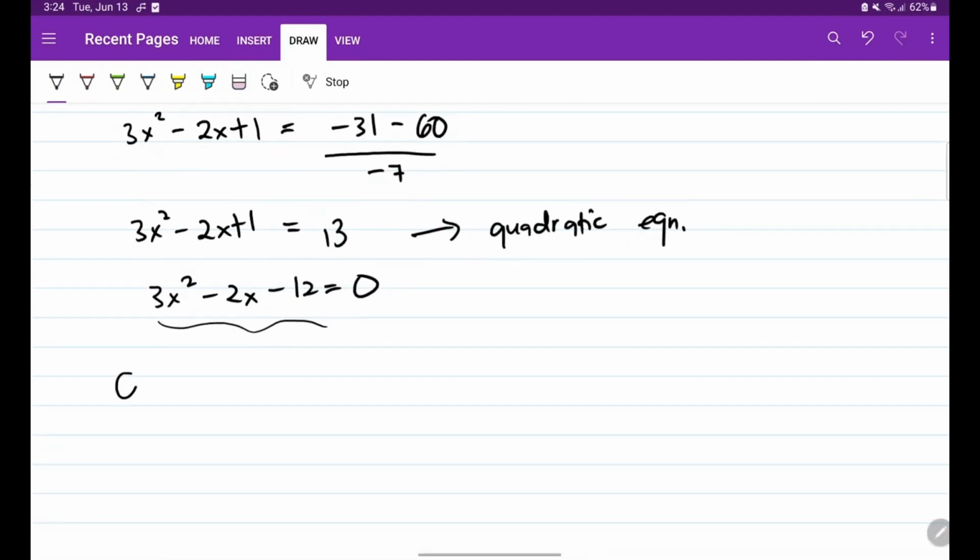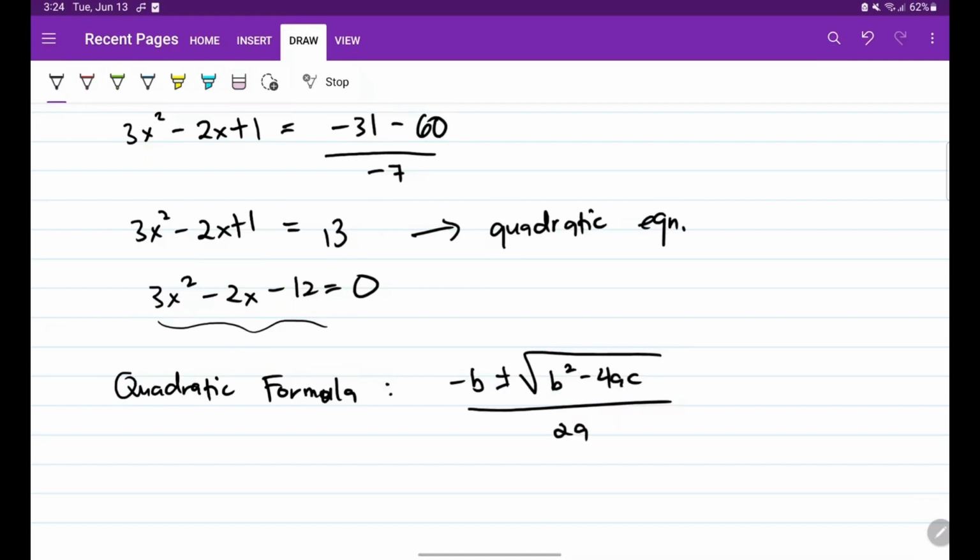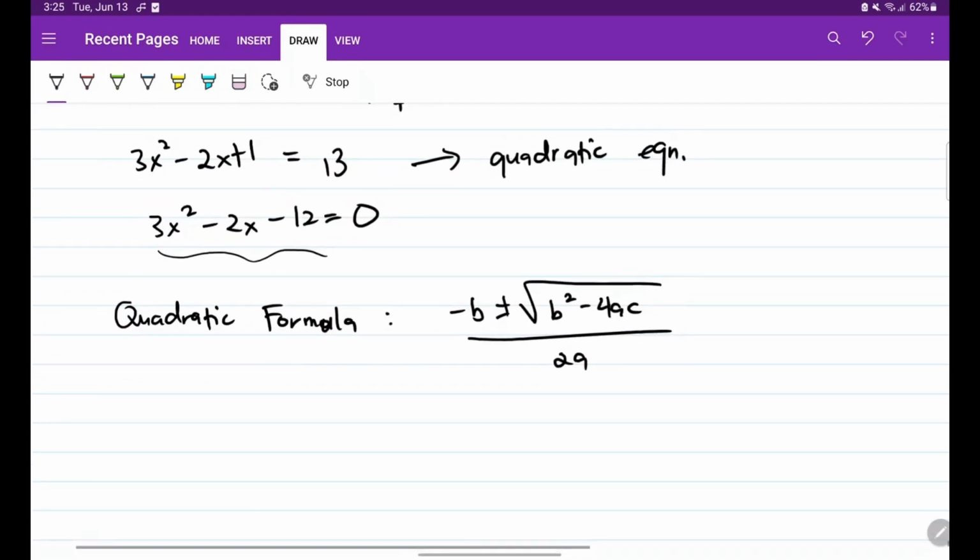So, quadratic formula to solve for x. That is negative b plus minus square root ng b squared minus 4ac all over 2a. Tama? So let's just plug values in.